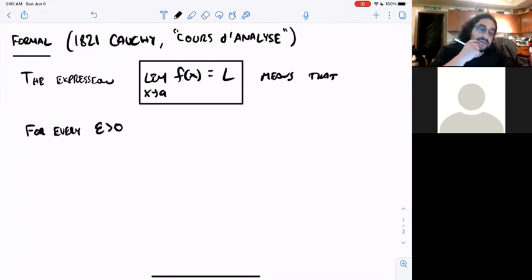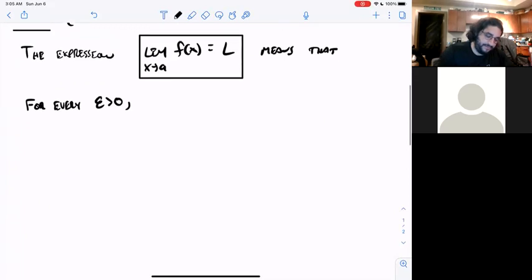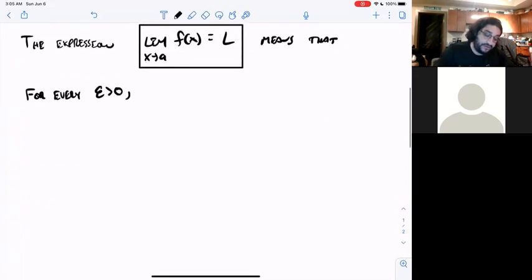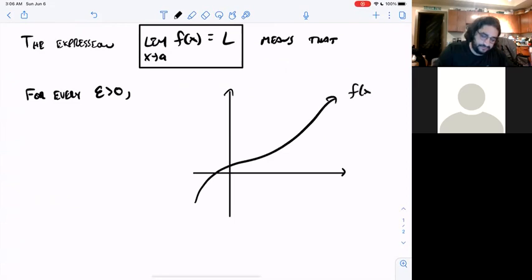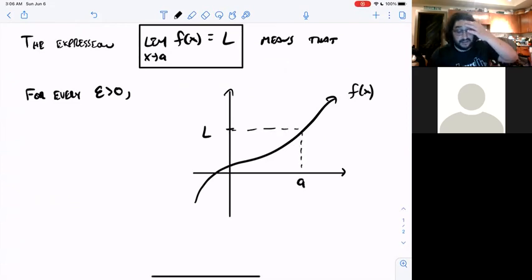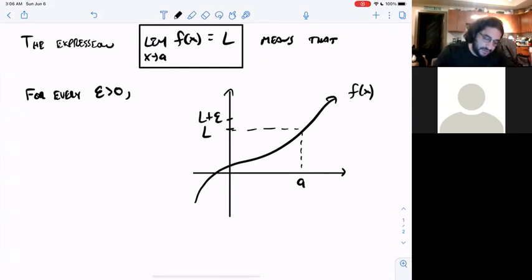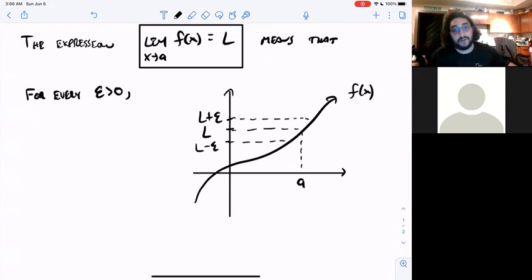For every positive real number epsilon, I'm going to draw the definition as I write it, in a nice case. So here's L, here's A, and for every positive number epsilon, you want to think of it as some allowable error tolerance in the y coordinate.